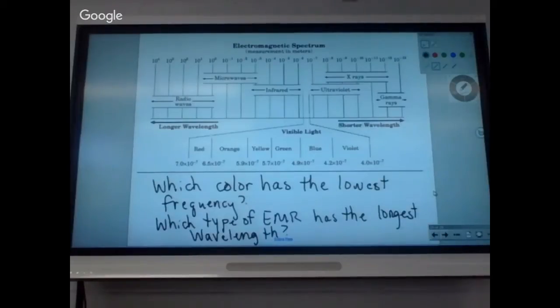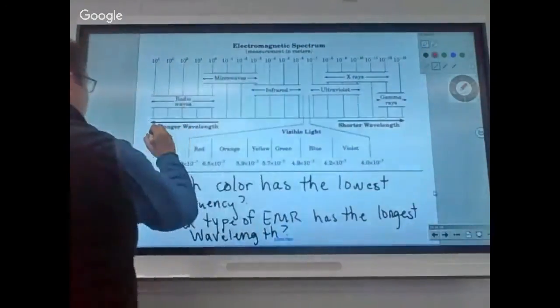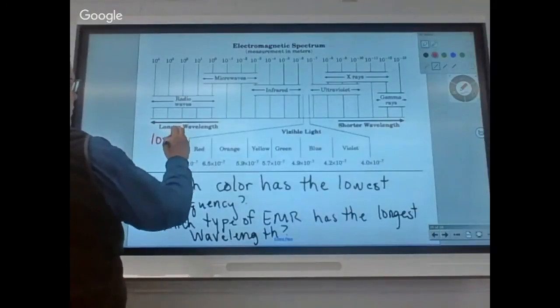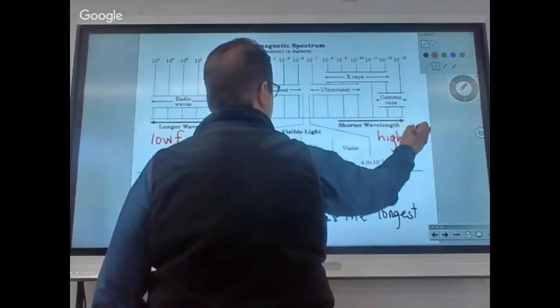All right. So what'd you get for which color has the lowest frequency? Again, does this chart show frequency? No. So long wavelength means low what? Frequency. This means high frequency.